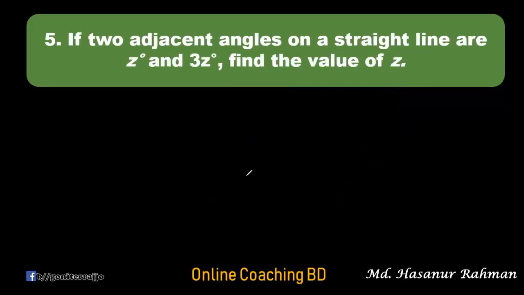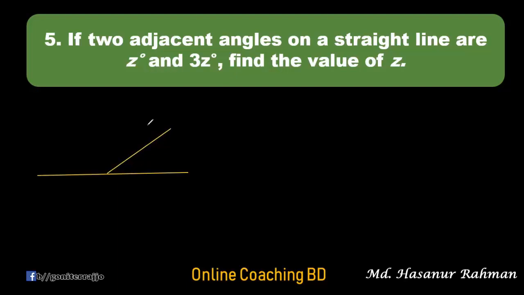Now number 5. Number 5 says if two adjacent angles on a straight line are z and 3z degree, find the value of z. If I want to draw this figure, the question says two adjacent angles on a straight line are z degree and 3z degree.